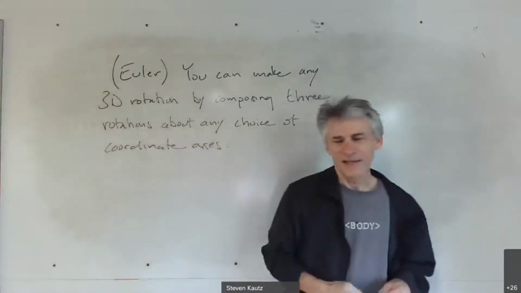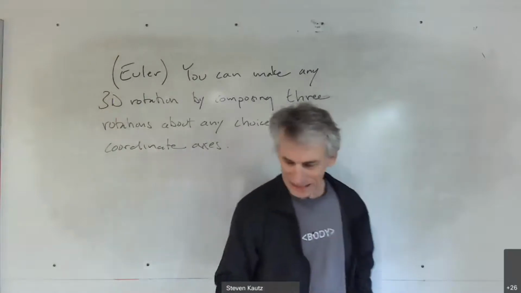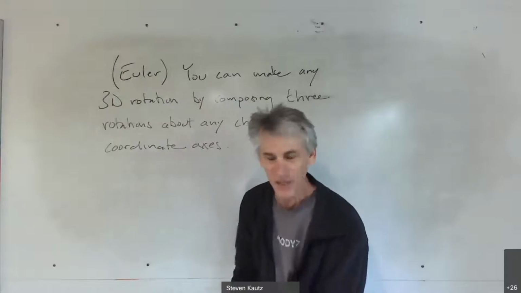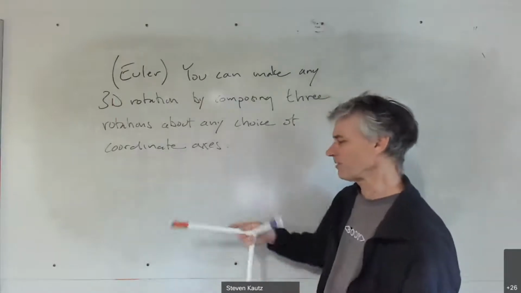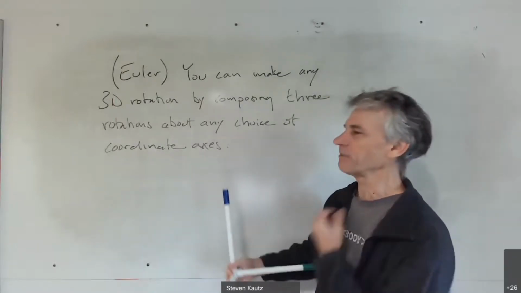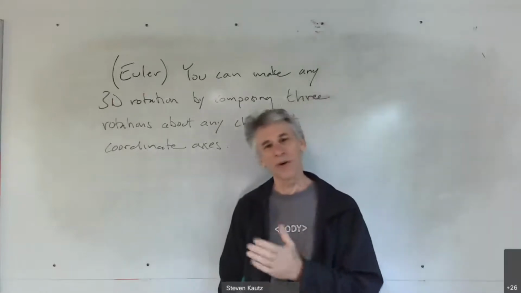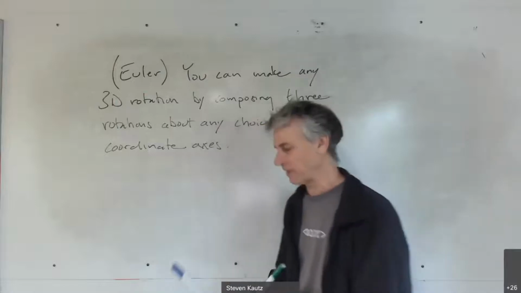All right. This is not at all obvious, and it's especially not obvious that this is even useful. But it does turn out to be useful, and it's important to know this, because some of the time that you're working with rotations, you're going to want to think in terms of Euler angles.